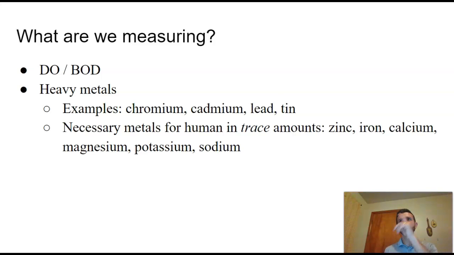Okay, so maybe look at a periodic table and locate them real quick, just so you can be familiar with them. Necessary metals for humans in trace amounts are things like zinc, iron, calcium, magnesium, potassium, sodium. These are things that we need in trace amounts. Of course, too much of some of these can also cause problems.